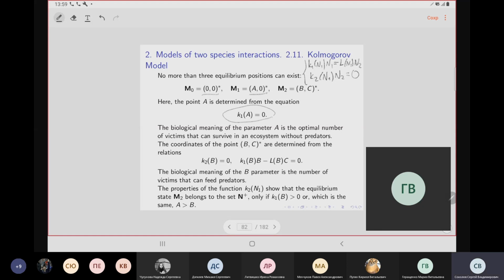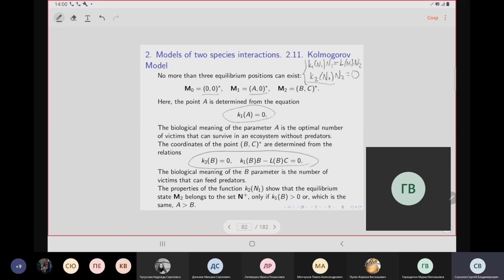And another solution of our algebraic equation is when k2 of b is 0. We replace n1 with b, and we get these equations for b and c.